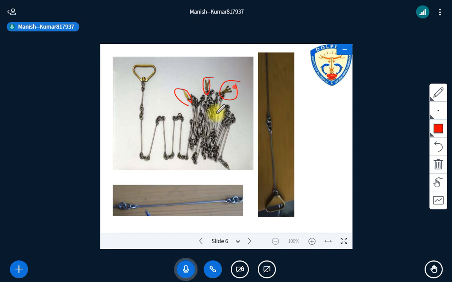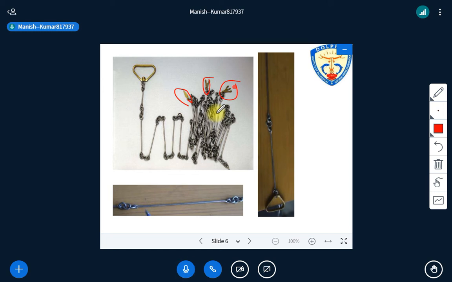Let me explain again. First, the length of the chain will be 20 to 30 meters, made of steel or iron, and made up of several links. The number of links will be 100 or 150, and the length of each link is 20 centimeters, and every 5 meters you will get one tag or tally.